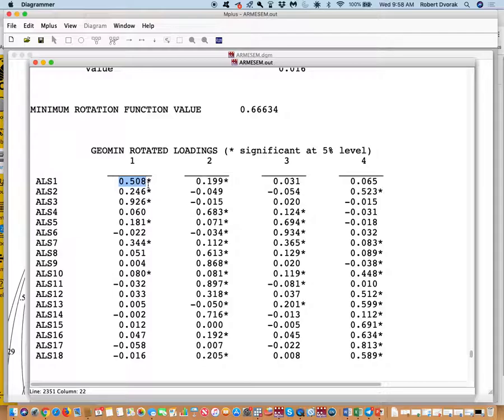What if you have two items that are really good for factor one? Why would you just discount factor one even though it fits so well? There's a 0.926 one on there. So that is one item that fits really well, right? And that could just be that that's a bad item, to be perfectly honest. It might be an item that's not tapping into affect lability at all.